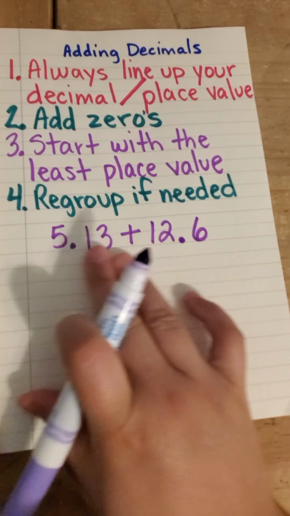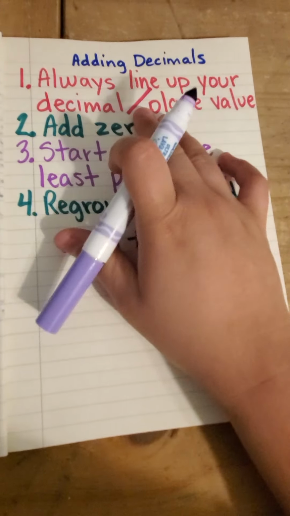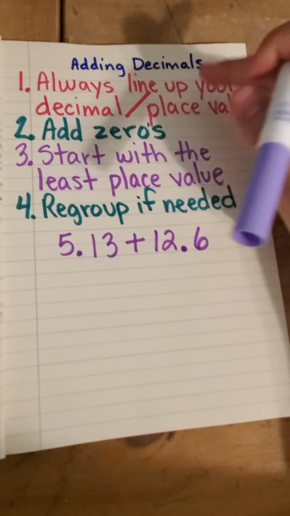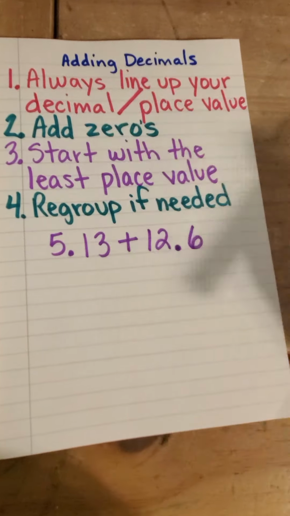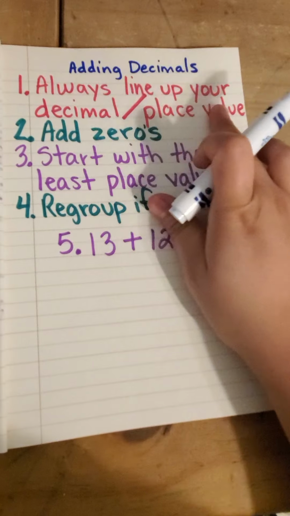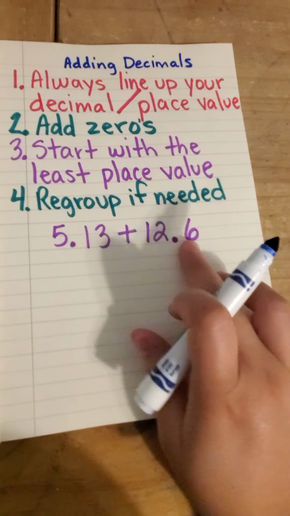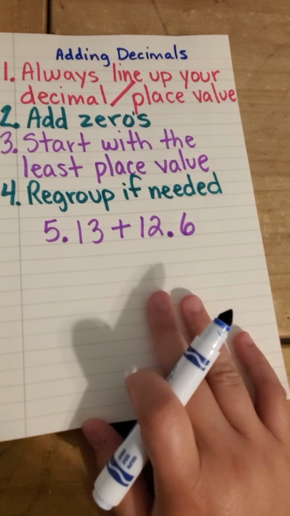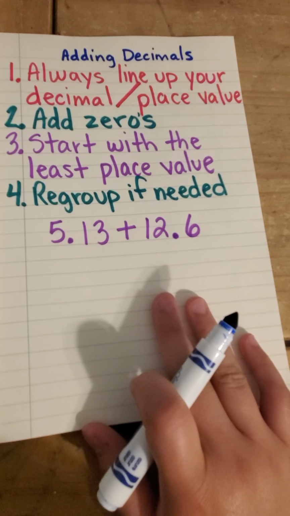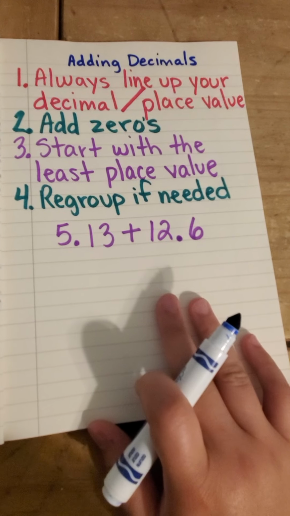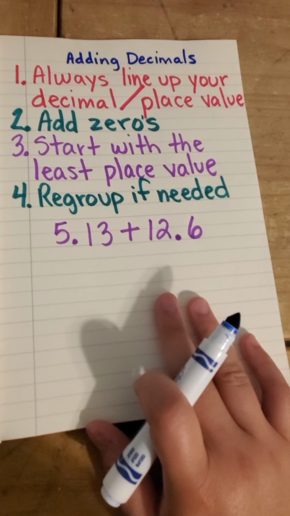And I want to solve this. I'm going to go step by step and I'm going to follow all of my steps. So I'm going to first line up my decimals. I want to line up my place values. So I'm going to put my bigger number on top because it's just easier for me to see the place value when I do that.